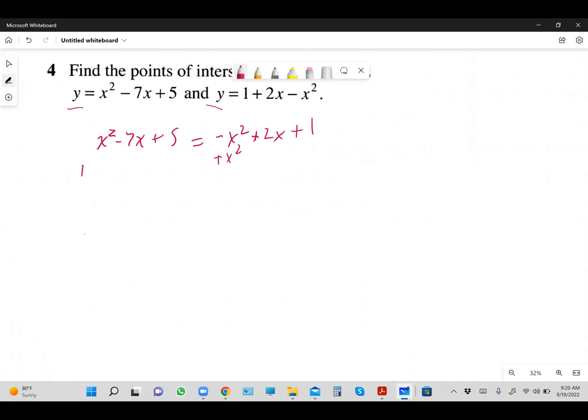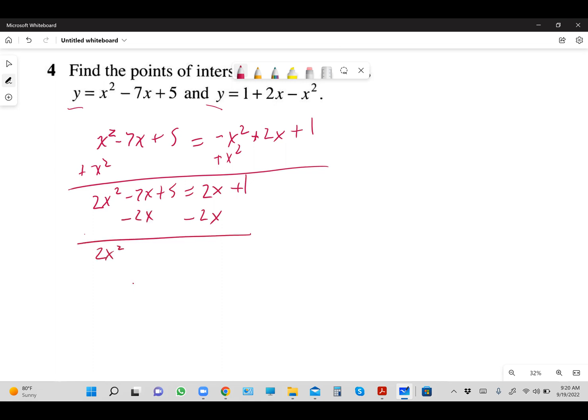Plus x squared plus x squared. And you have 2x squared minus 7x plus 5 equal to 2x plus 1. And you have to subtract 2x and subtract 2x. And then you have 2x squared minus 9x plus 5 equals to 1. And then you have 2x squared minus 9x plus 4 equals to 0.